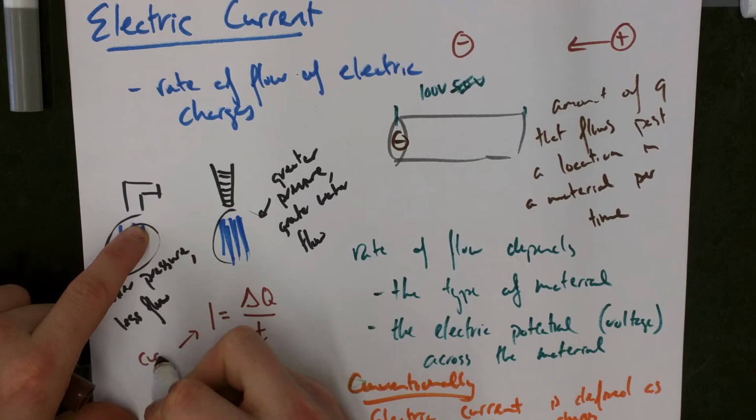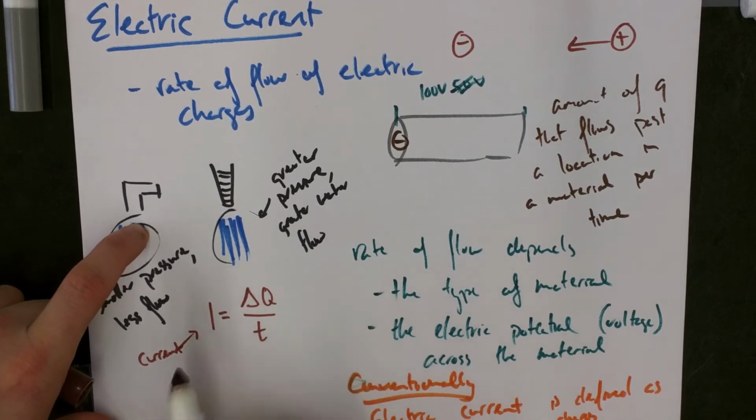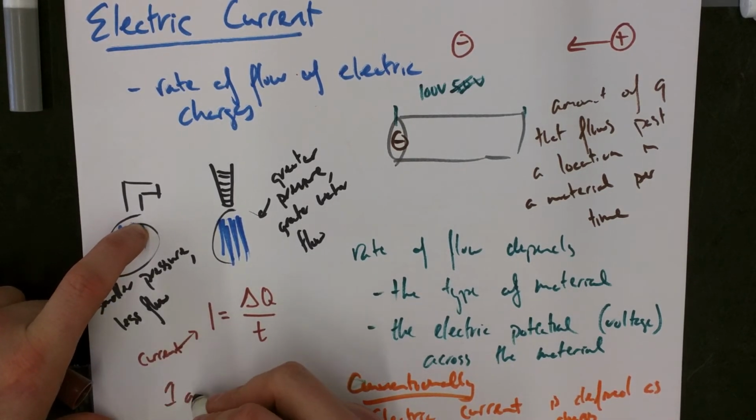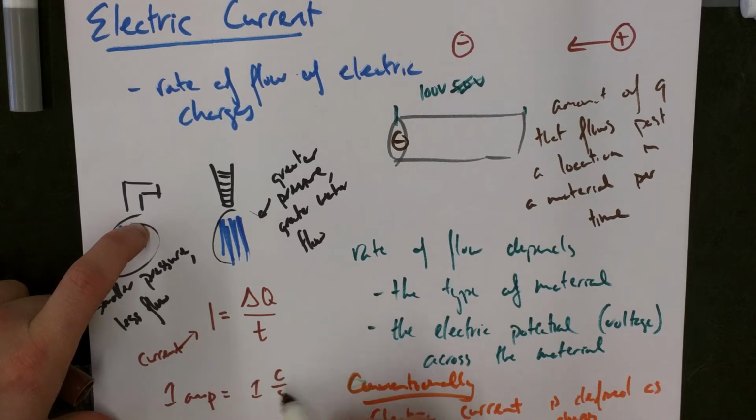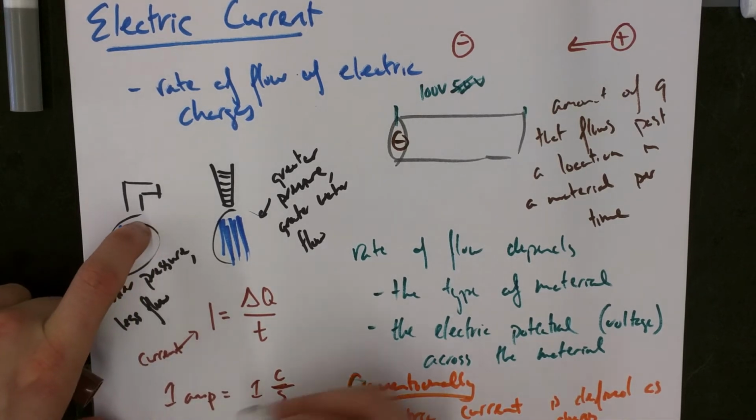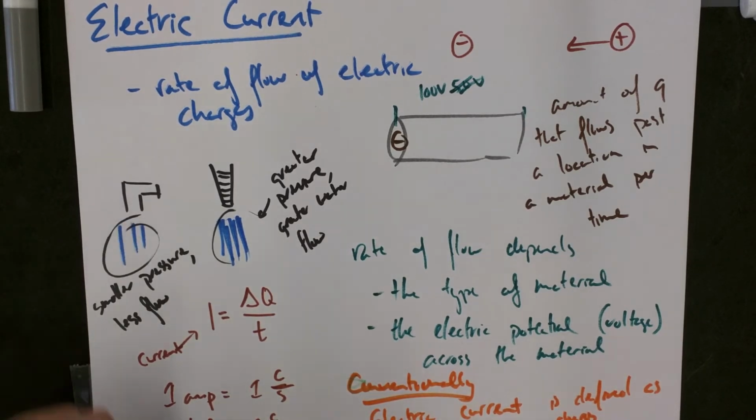So this is current. We measure it in amps. So 1 amp is equal to 1 coulomb per second. And instead of writing out amp, you could just say 1 A is 1 coulomb per second.